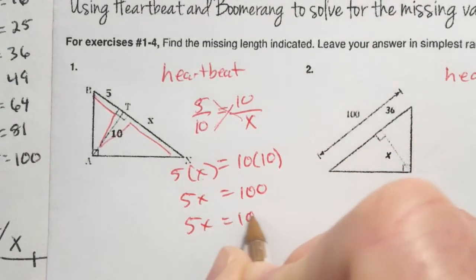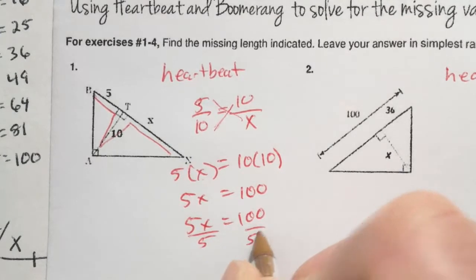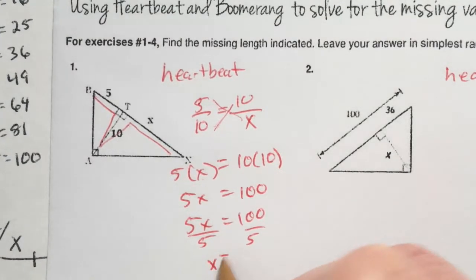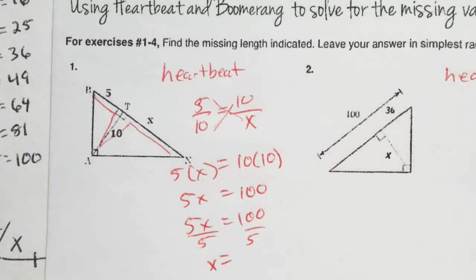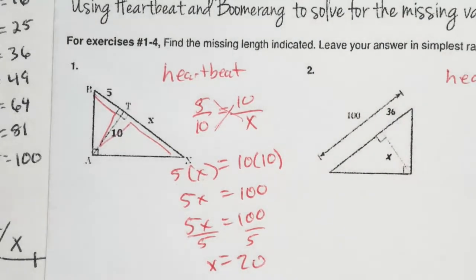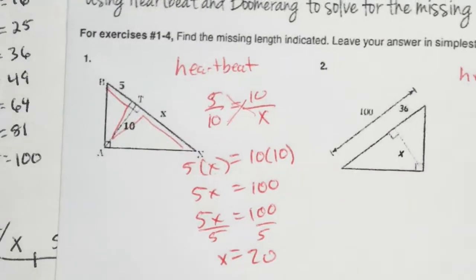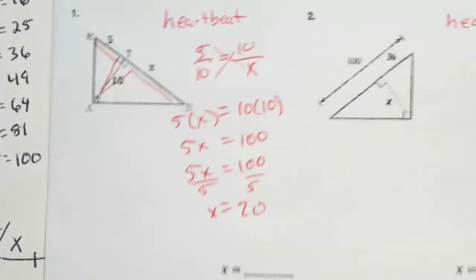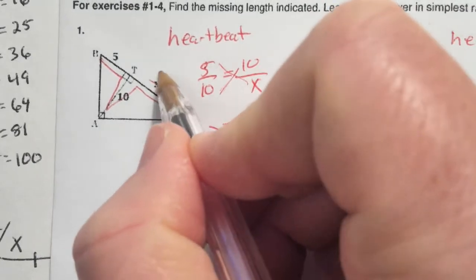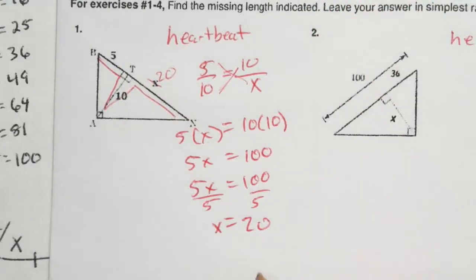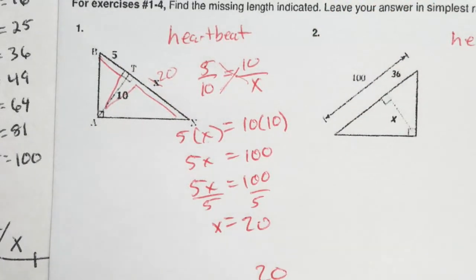Divide 5 on both sides, and you get x is equal to 100 divided by 5, which is 20. And that's as pretty as it gets, because that's all they wanted. They wanted x. If you plug it back in the picture, yep, that looks legit. So 20 is your answer. All right, cool. Let's get to the next problem.